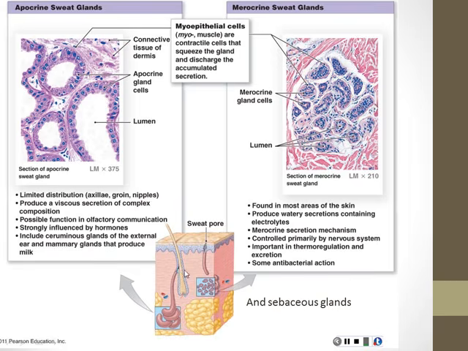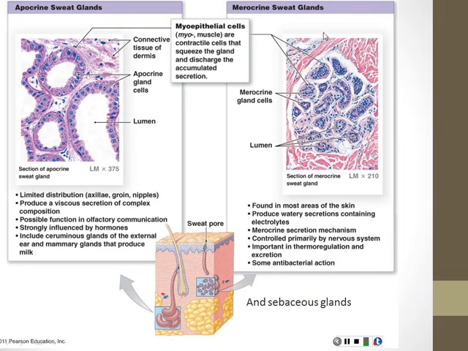All right. Some accessory structures of the skin. We talked about hair a little. We talked about nails a little. But there are three glands that are important to be able to discriminate in the skin. So we have two kinds of sweat glands. One is very common. The other is found only in specific areas of the body.